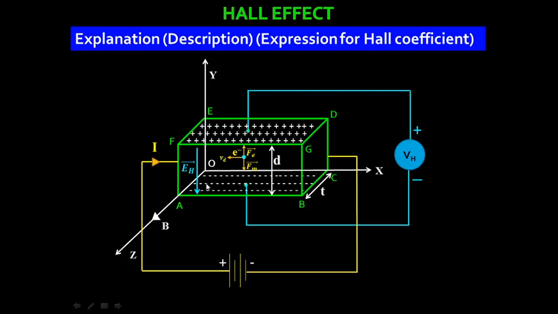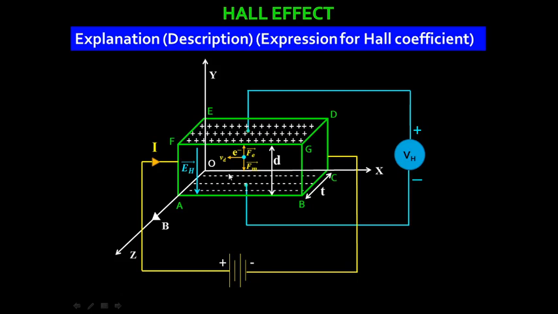Since the magnetic field is applied in the z direction, the force due to the magnetic field acts along the negative y direction. This is the direction of the magnetic force, and due to that force, the charge carriers, that is electrons, are bending towards the lower face of the semiconducting material.